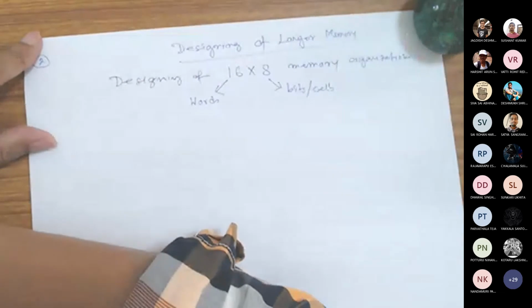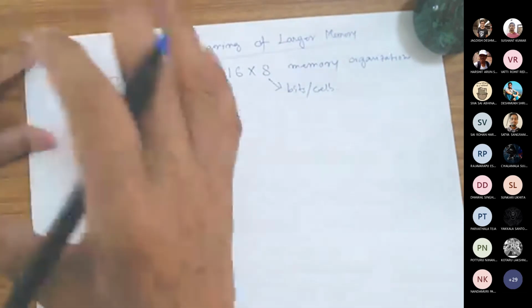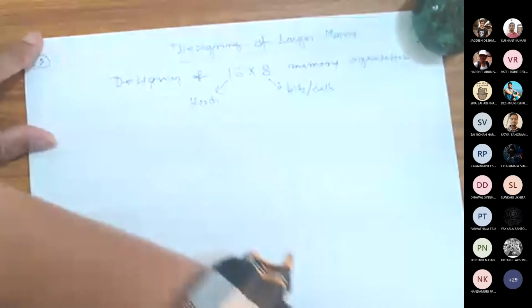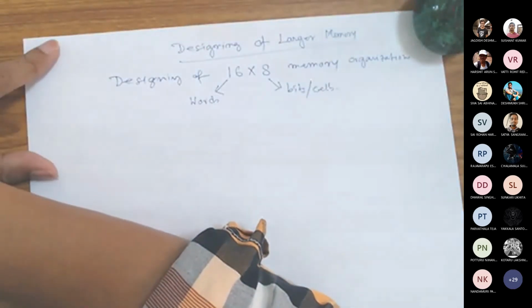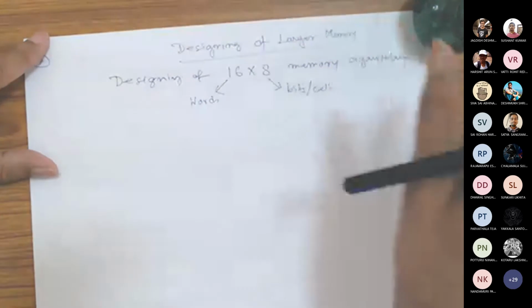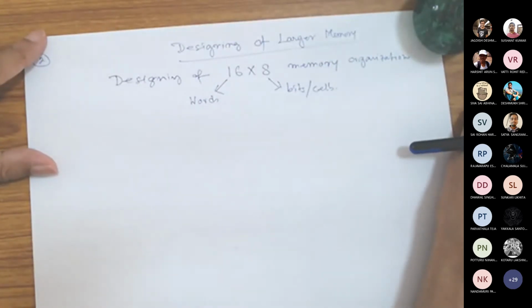So how can the cells be organized? Because you need to use either static RAM cell design or dynamic RAM cell design. Whatever you use, you need to arrange them properly. So how can this be arranged?